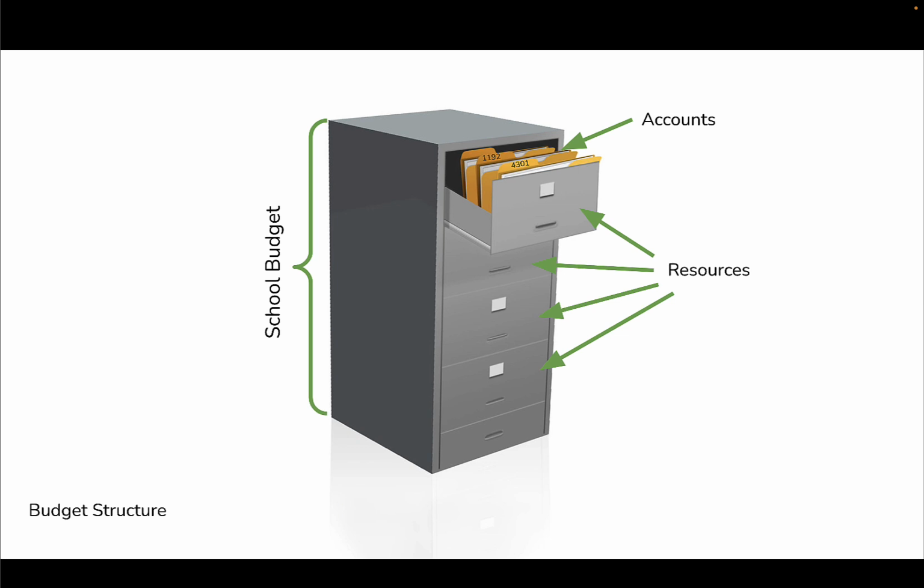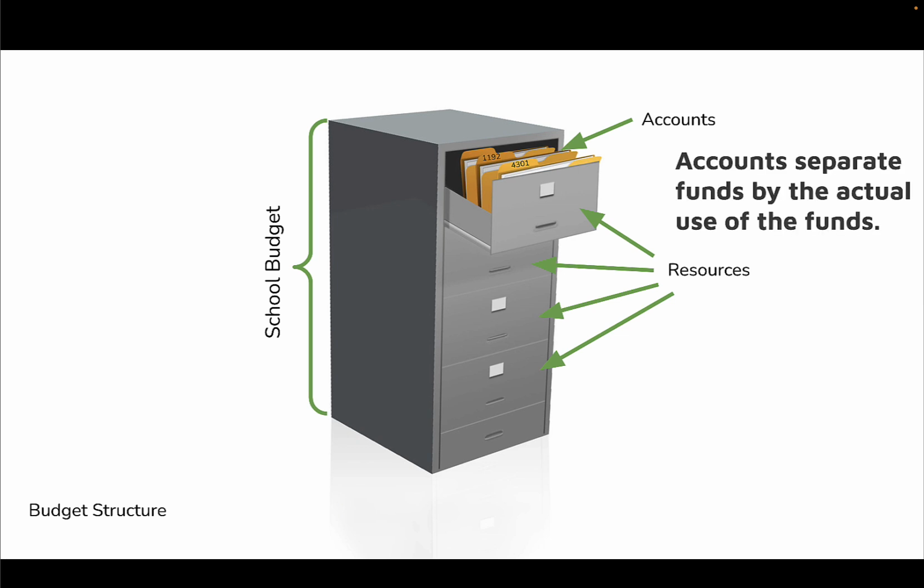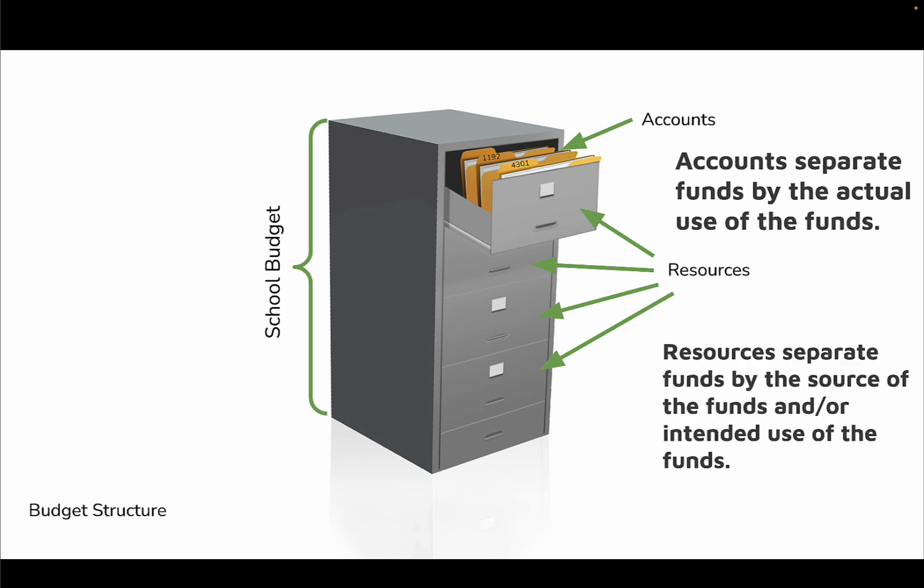And then within each drawer, there are sets of accounts. And you could have the same account in each different resource, but the account really narrows down what those funds are being used for. So accounts separate funds by actual use, meaning some are time cards, some are substitutes, and some are actual purchases of items.